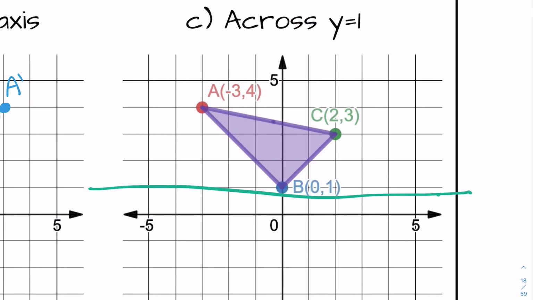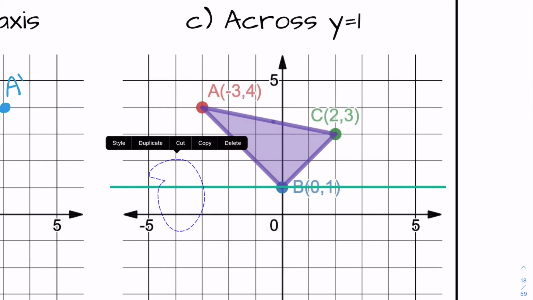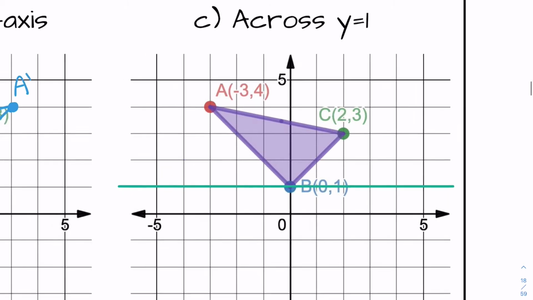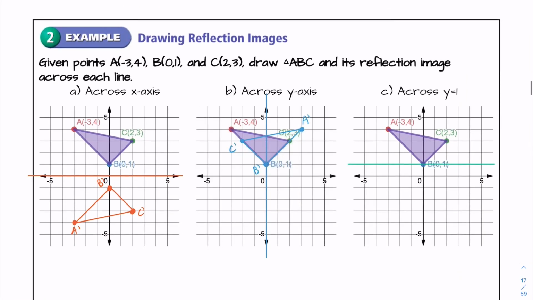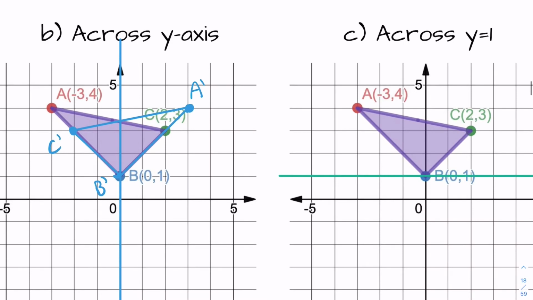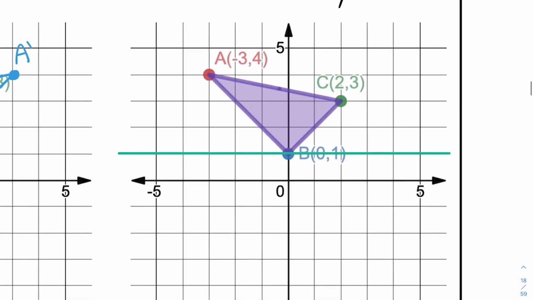So here is, there we go. This is y equals 1. And in this case, everything is going to stay exactly where it is. I'm sorry, for B, it's going to stay exactly where it is. And for everything else, we are going to go down what we need to.